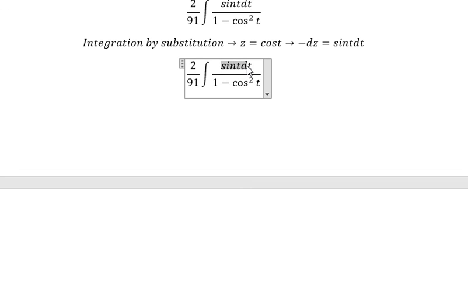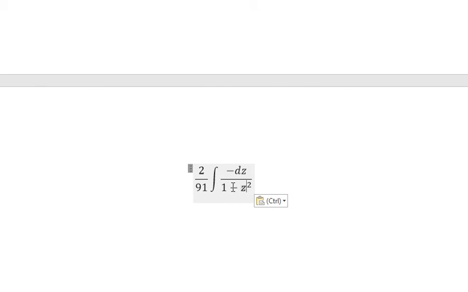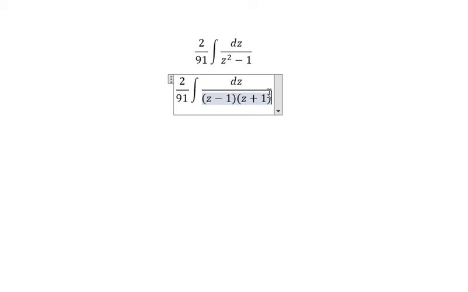And we put negative dz in here. This one you get z to the power of 2. Because we have a negative, we can swap number 1 and z square in here. About this one, we get z minus 1 multiplied with z plus 1.